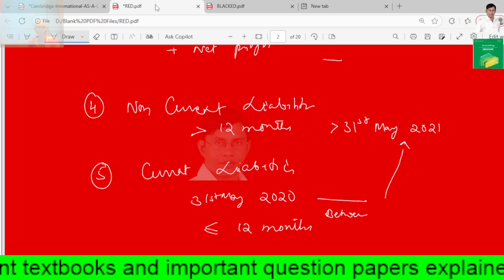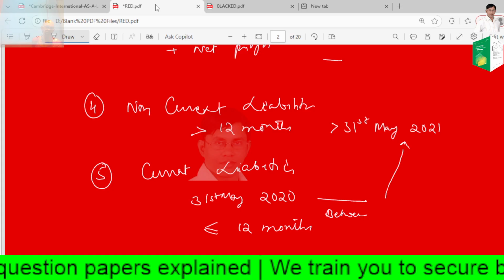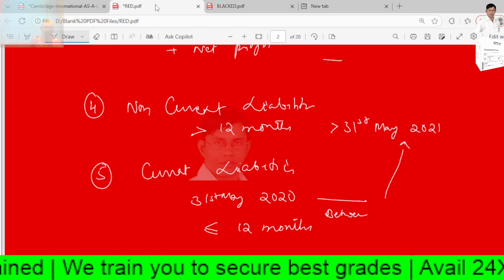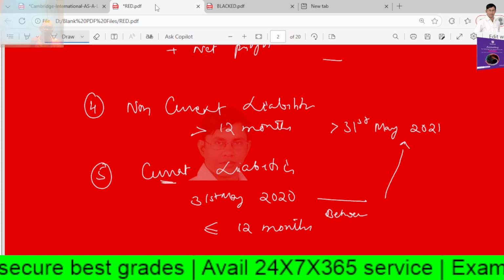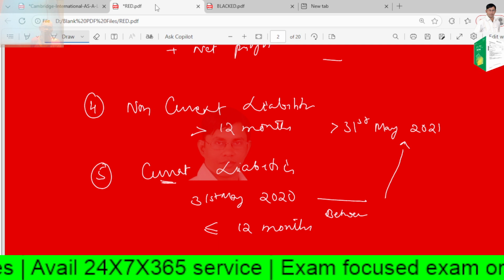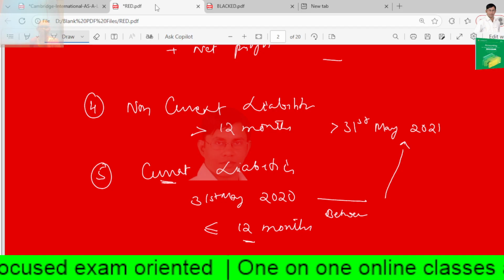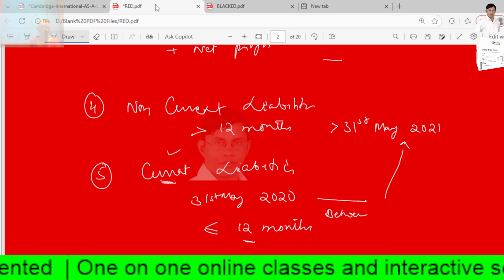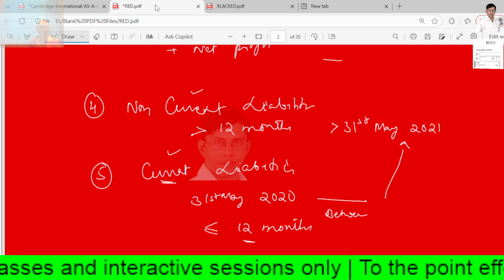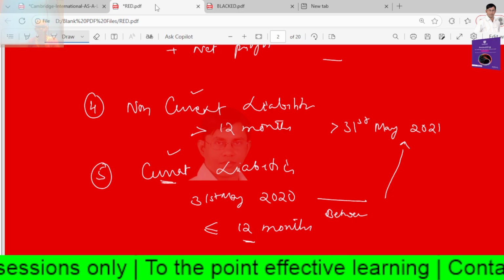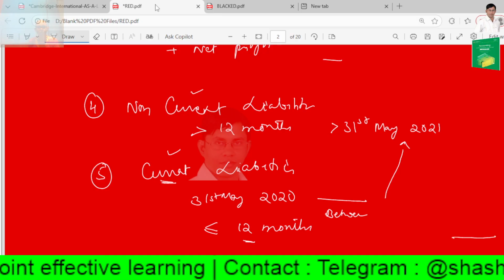Current means we have to pay immediately, or if not immediately, within 12 months. Non-current is after 12 months. Very important.